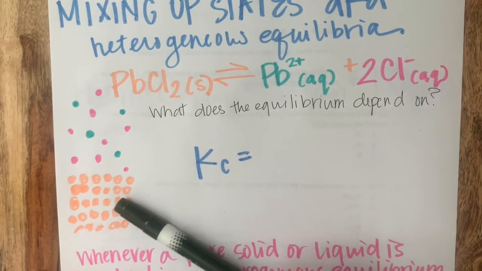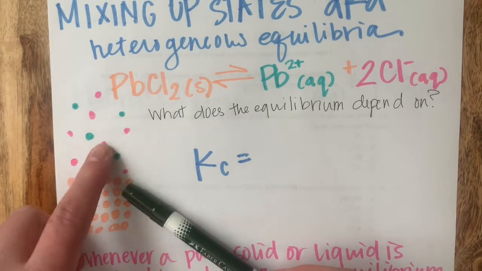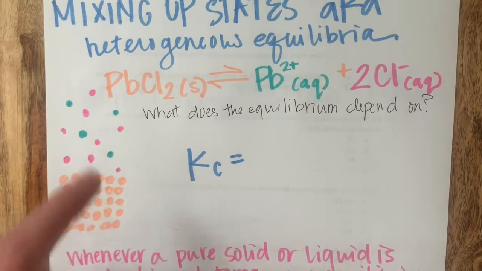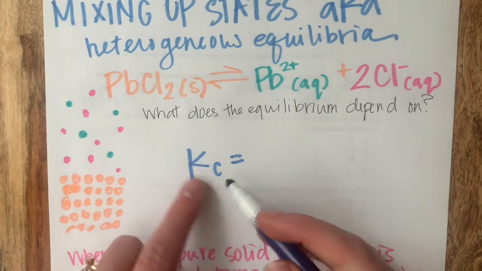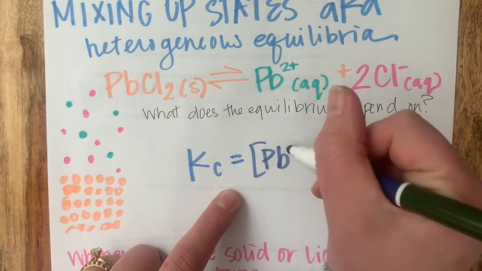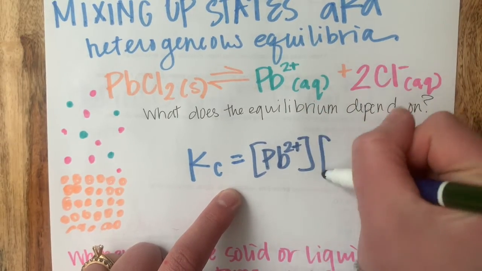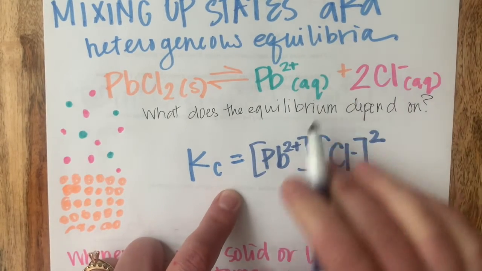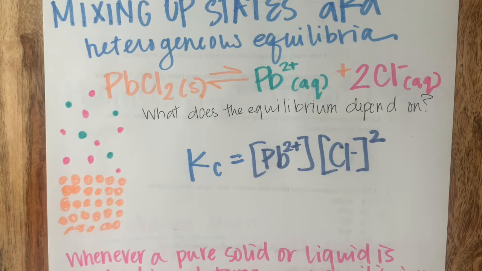So this solid isn't really colliding that much. So we are going to not take it into account in our equilibrium expression. So when we write this out, it's only going to depend on the concentration of our 2+ ions and our chloride ions. Okay, and don't forget, I need to have that 2 up there as the exponent.